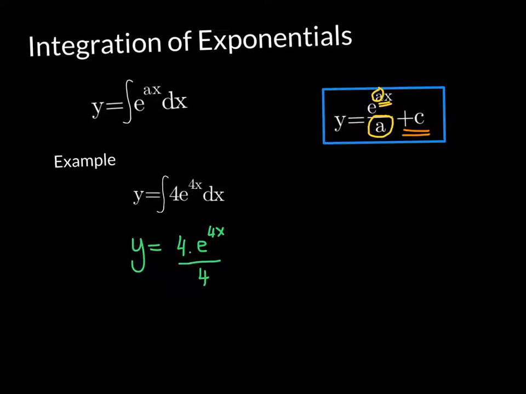So don't forget to add on the constant as well. So what happens is this 4 cancels with this 4, and the final answer is just e to the 4x plus c for that problem.